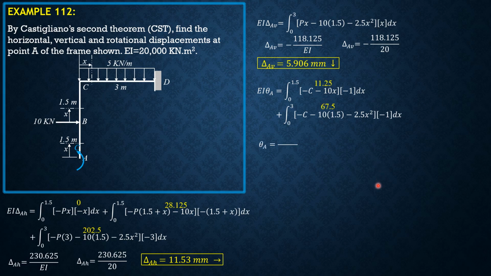Combining, theta A is 78.75 over EI, and EI is 20,000 kilonewton meter square. 78.75 is also kilonewton meter square, so that would be in radians. And the rotation is counterclockwise as shown. So 3.9375 times 10 to the negative 3 radians. So that's it for this problem.